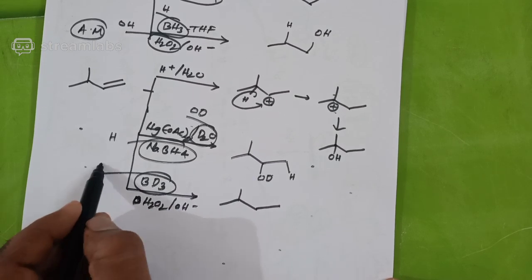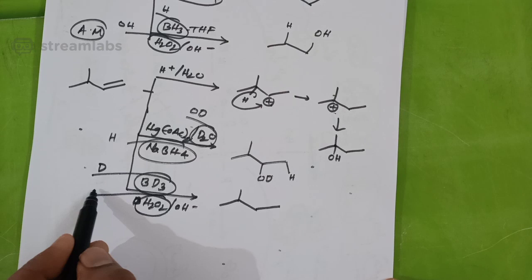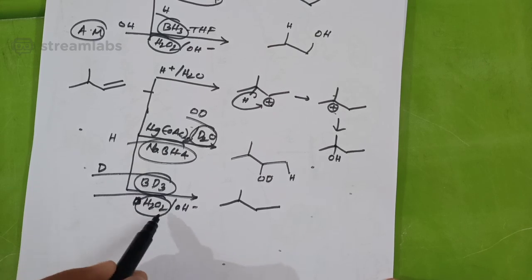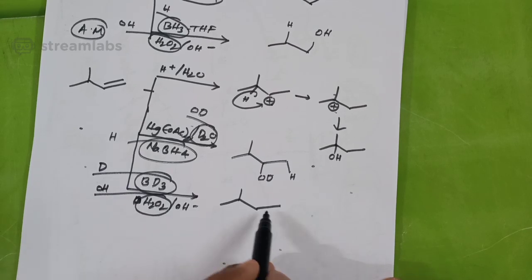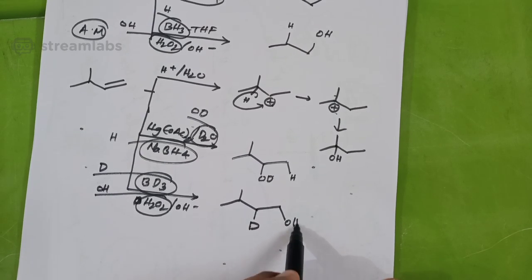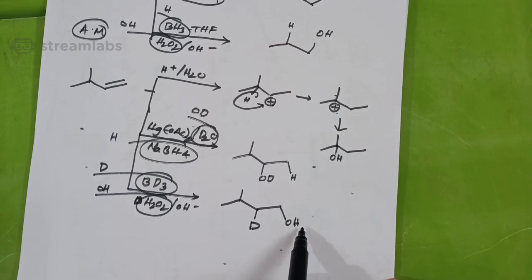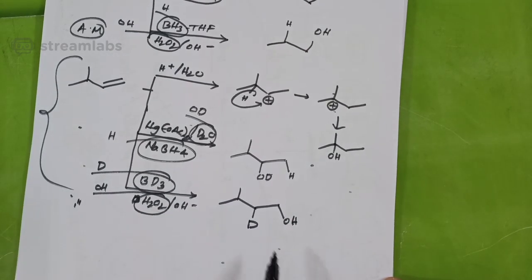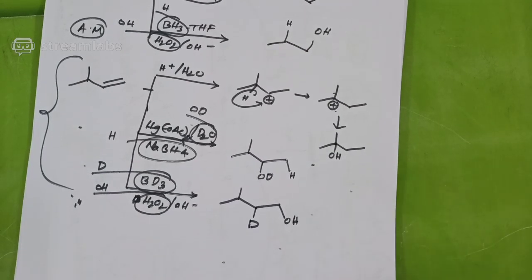H from here, but D is there, and OH from H2O2 is as usual, and it follows anti-Markovnikov's rule. So here D, here OH. This kind of isotopic reaction is also important for our exam.